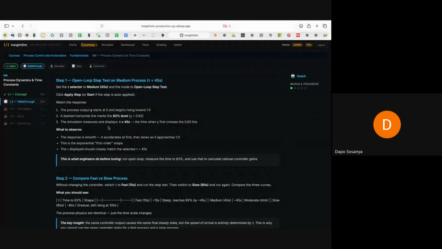Recall that the time constant is the time it takes the process to reach approximately 63% when you apply a step change. So you observe the response is smooth. It accelerates at first, then slows as it approaches 1.0. This is the exponential first order shape. The time constant display should closely match the selected value. This is what engineers do before tuning: run open loop, measure time to 63%, and use that to calculate rational controller gains.